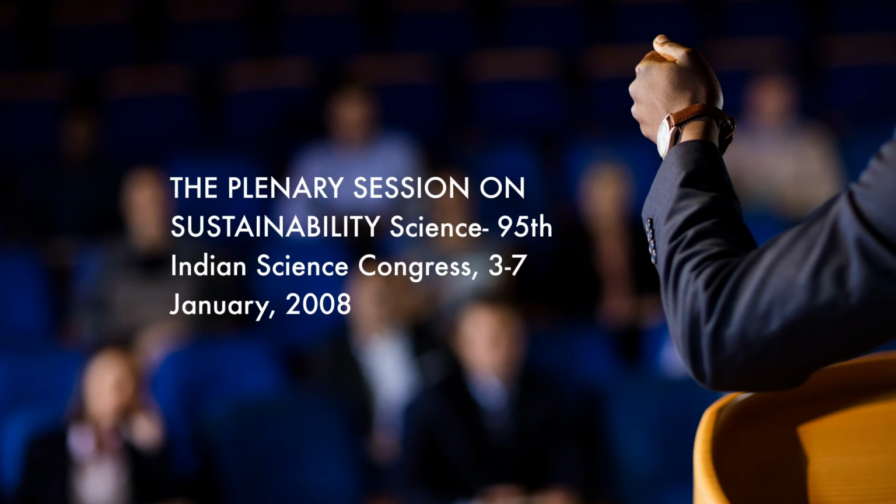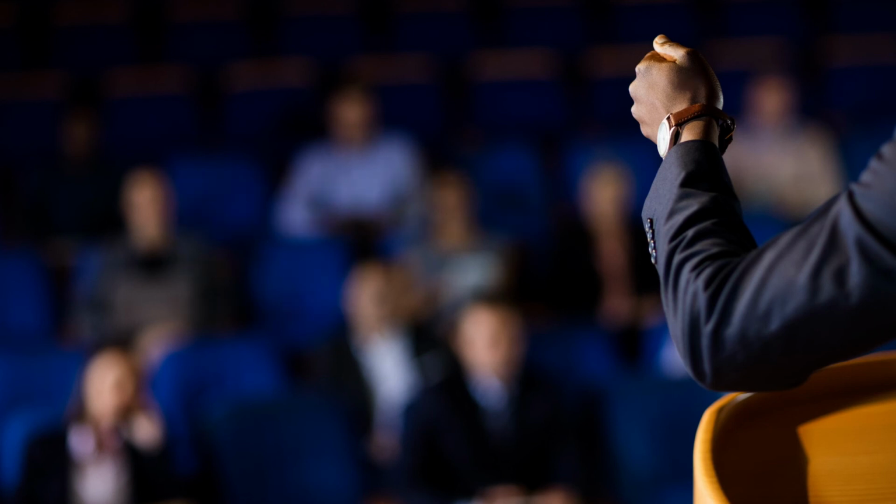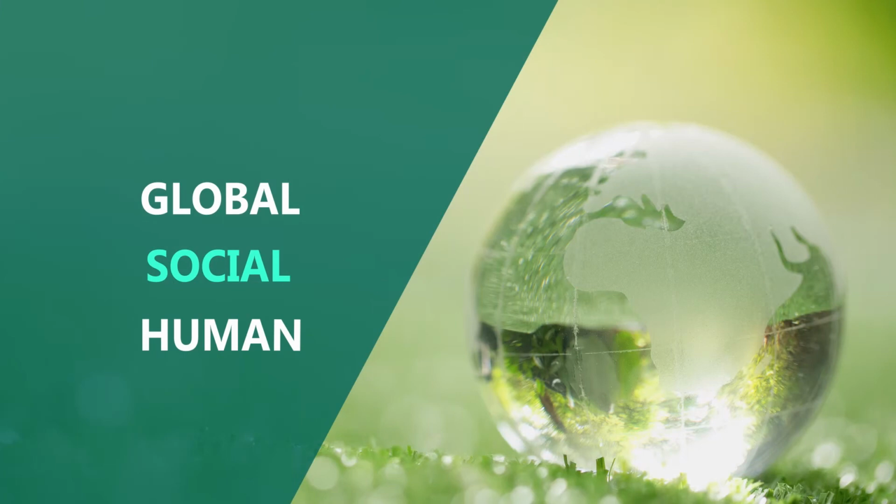So in this session, what we have learned today, as a take-home point, is that in this 21st century, when we talk about sustainability, we are talking about a sustainable planet. To understand a sustainable planet, we need to understand three important levels of system: global, social, and human systems.